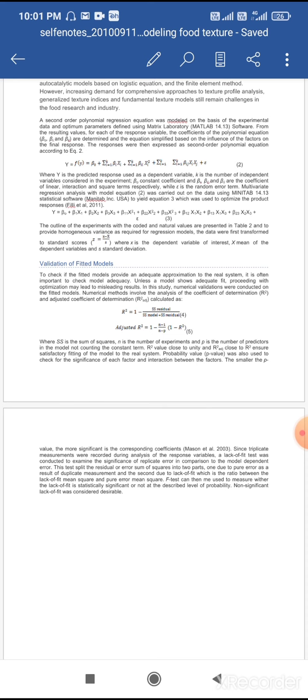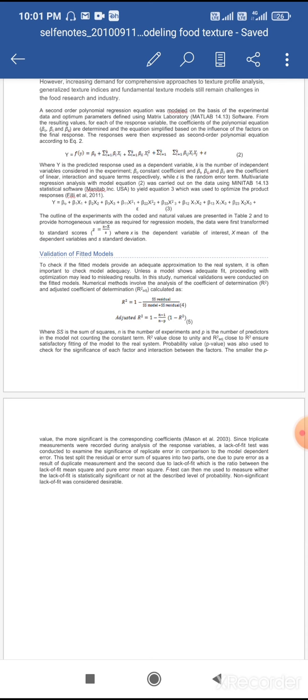Unless a model shows adequate fit, proceeding with the optimization may lead to misleading results. In this study, numerical validation was conducted on the fitted model. The numerical method involves the analysis of the coefficient of determination.